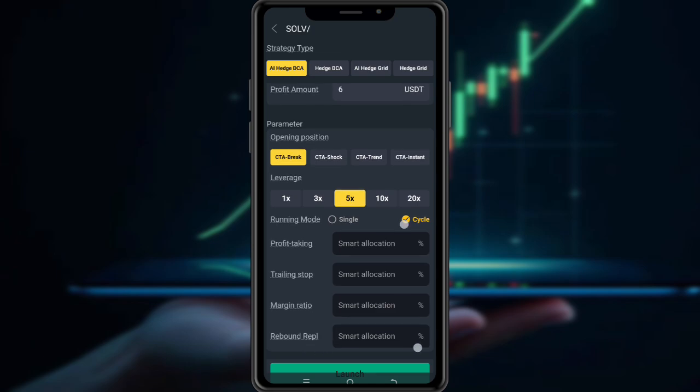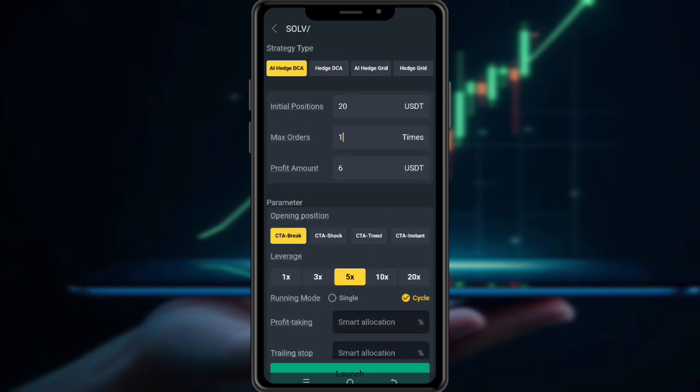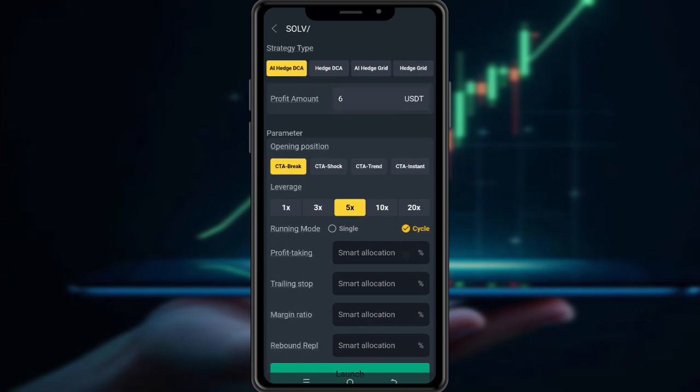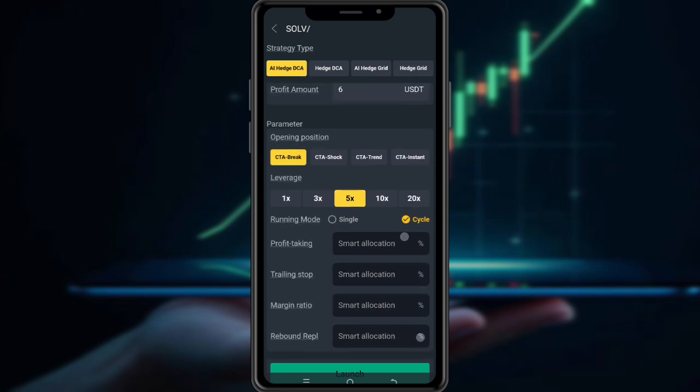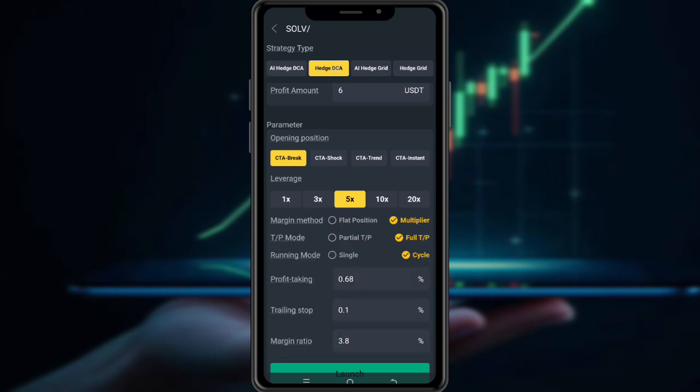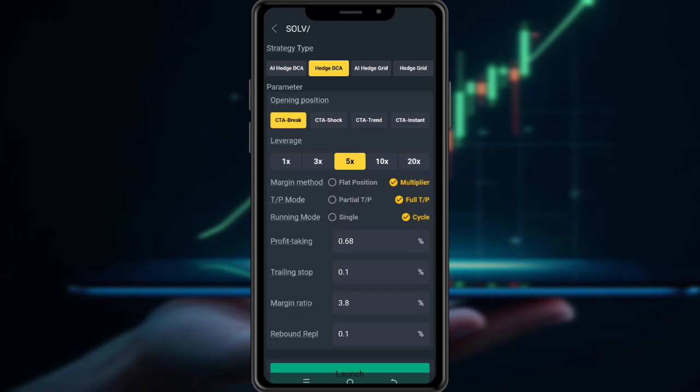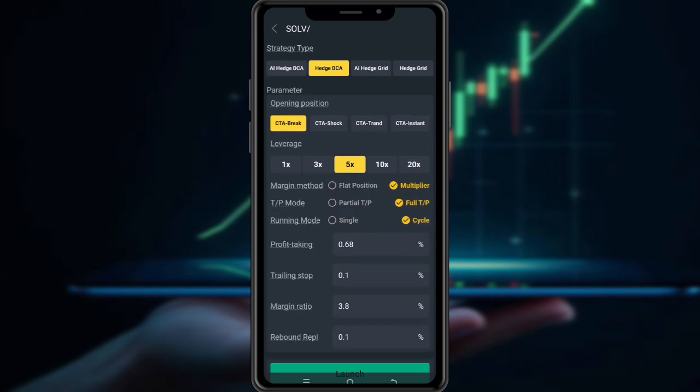Now these ones will be monitored by AI. All we need now here is again to check on the strategy type. The upper ones here, as you can see, AI DCA. If you leave it here, it means it is going to be AI to monitor for you down here. Then if you click on DCA, it means you're going to be the one changing these settings.